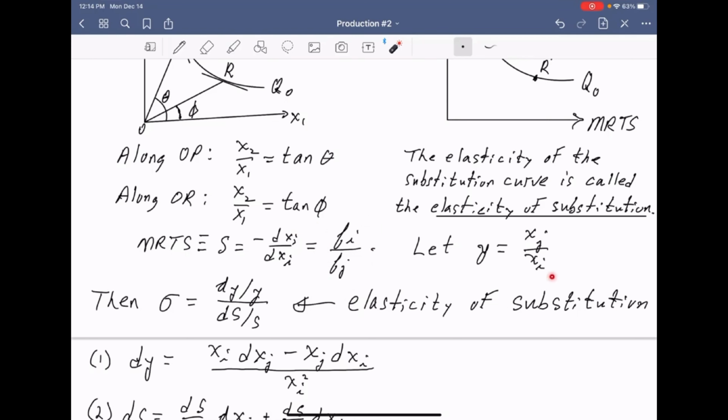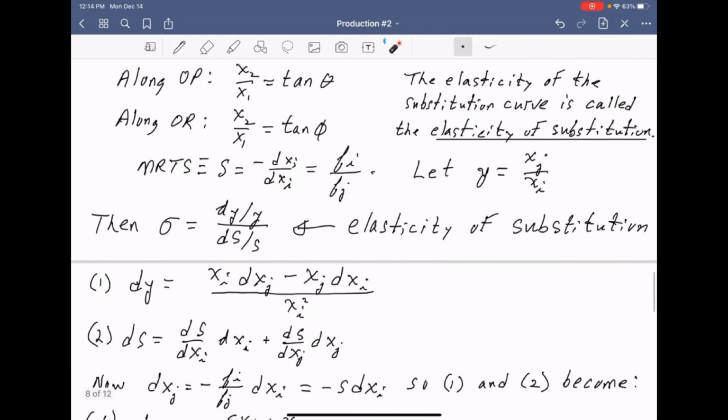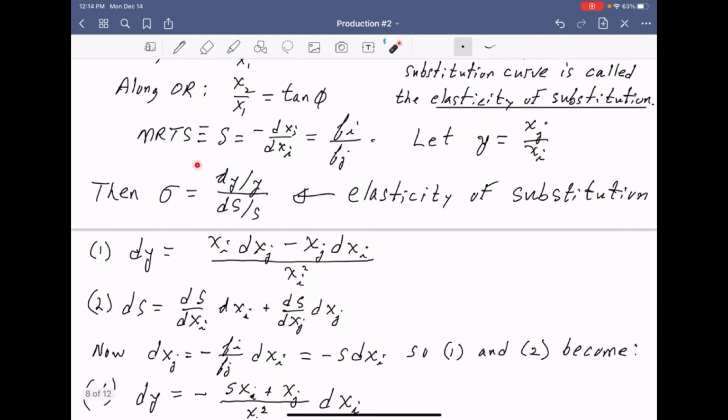We're going to let y equal xj over xi, and then we define the elasticity of substitution here as dy over y divided by ds over s. So the change in this function divided by y over the change in this function divided by s.